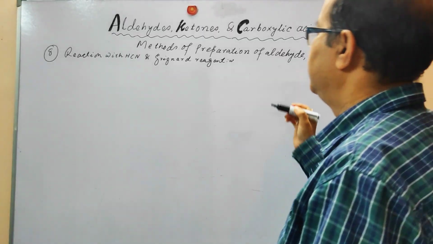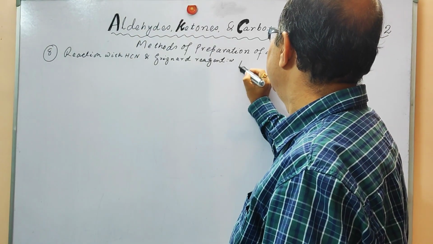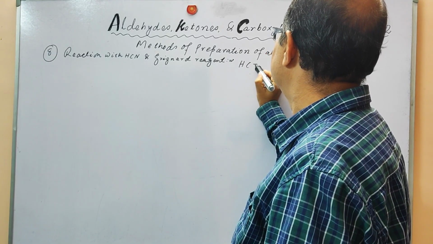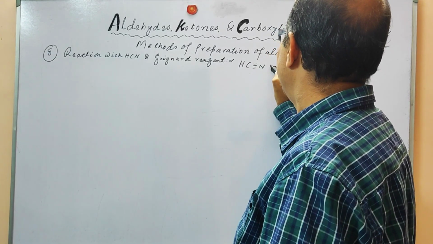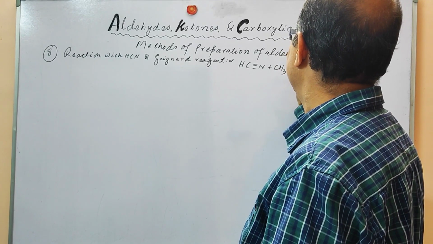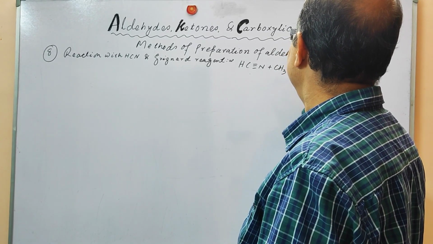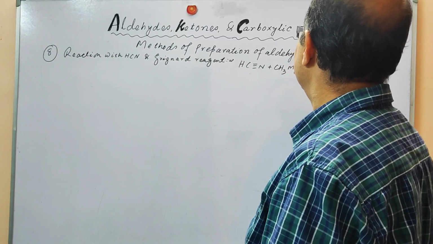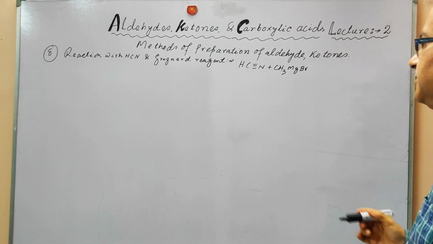In this case, the Grignard reagent we are using is methyl magnesium bromide. This is the Grignard reagent.